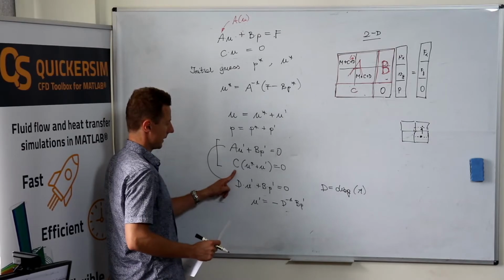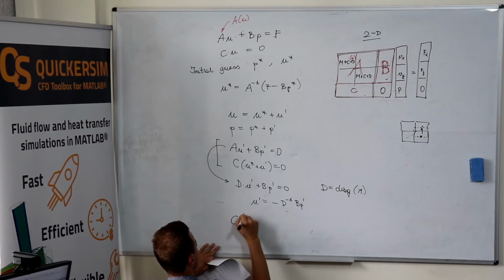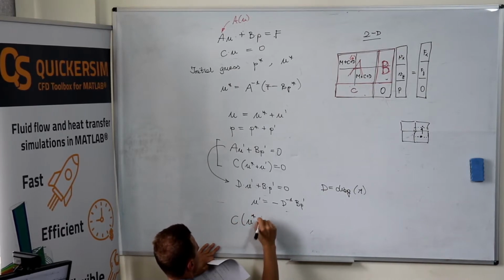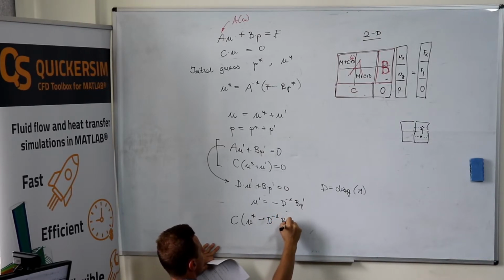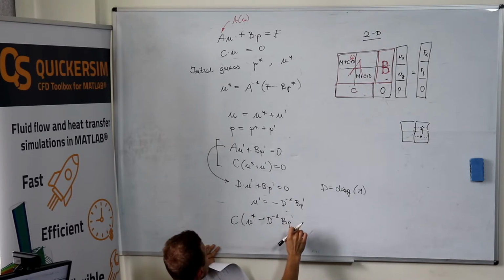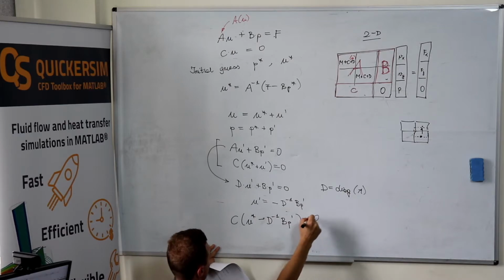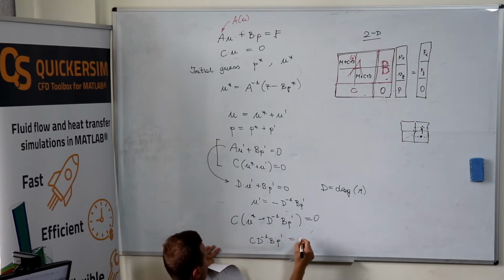Let's plug it in here, which is C U star minus D to the power of minus 1 B P prime equals 0. Then we have C inverse of D B P prime equals C U star.